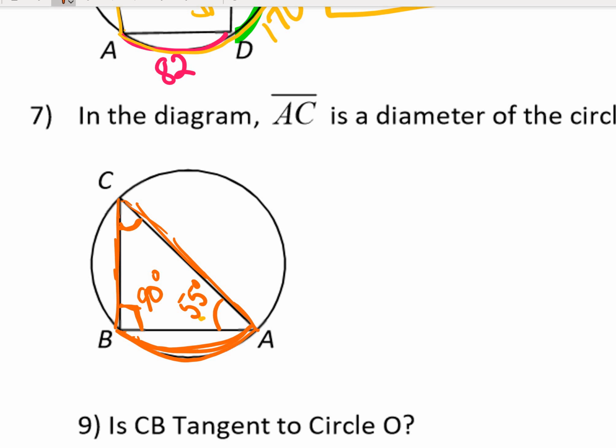So 45 degrees there. And then across from that, double that, and you will get the arc AB.